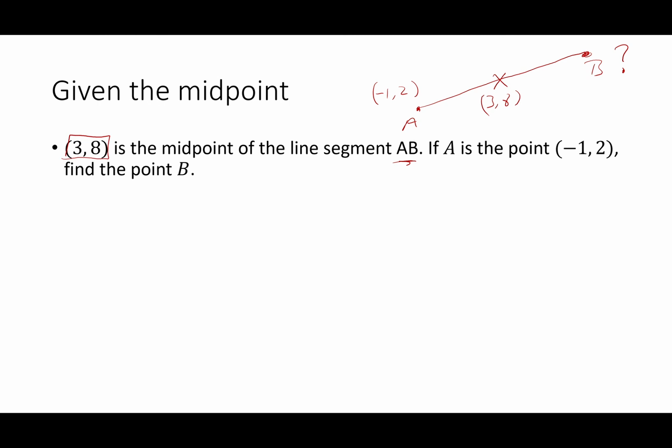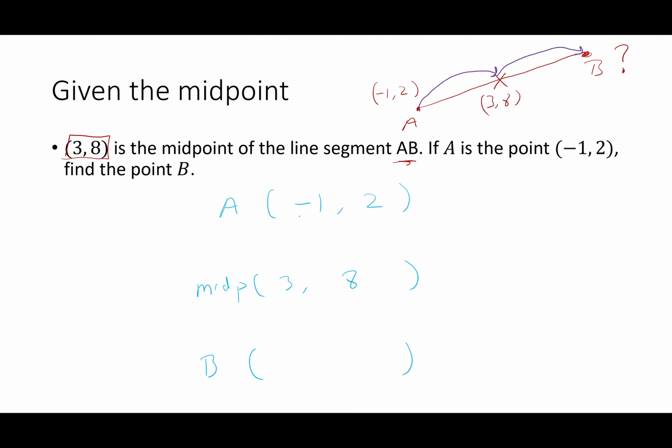So what I do is I write the point A, and A is the point -1, 2. The midpoint, let's call it the mid P. Mid P is 3, 8. And then down here is B, which I don't know what B is yet. Now, guys, we have to think that the midpoint is the same distance from here to here as here to here in the x direction and the y direction.